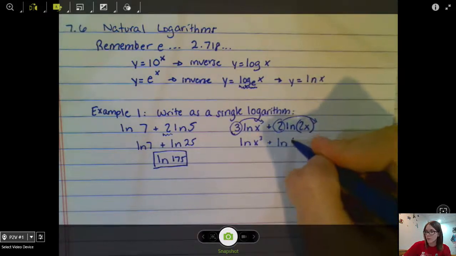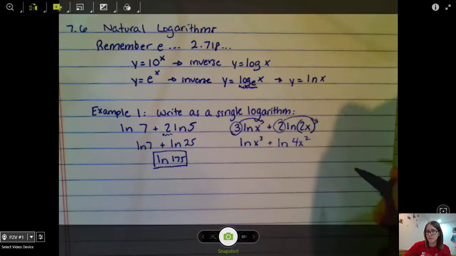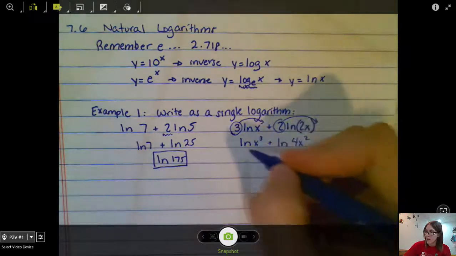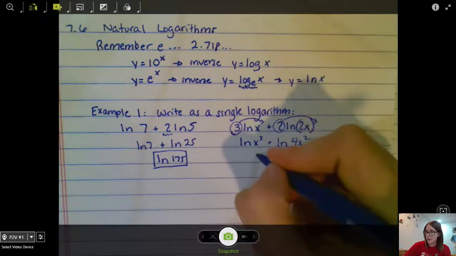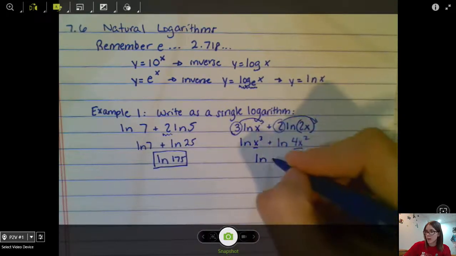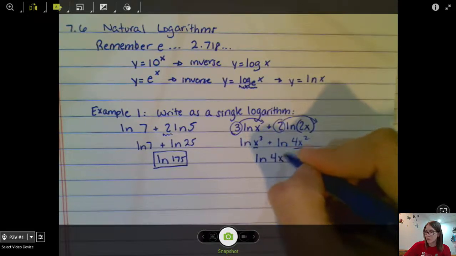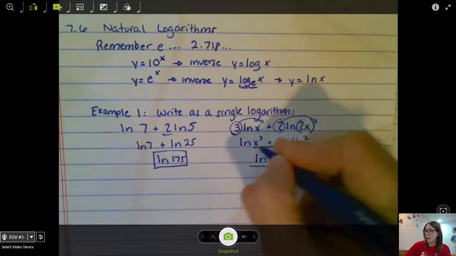That really makes 4x squared here. And then to combine these, natural log plus another natural log, multiply the two pieces. That gives me 4x to the 5th. Natural log of 4x to the 5th would be my final answer there.